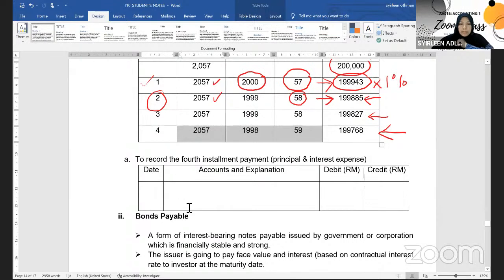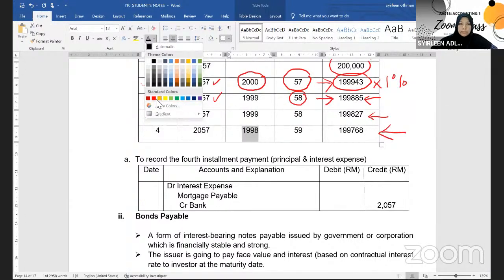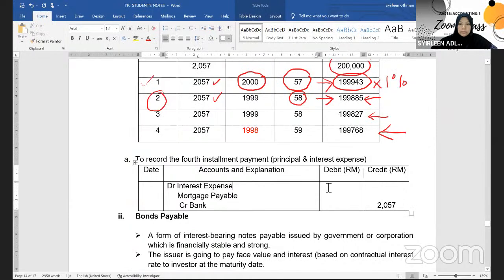So kita akan credit bank, okay, with the amount of RM2,057. Okay, so apakah account yang didebitkan? Alright, account yang didebitkan is your interest expense, which is 1,998 yang ni, the one in red. Okay, so this is the amount that I am paying for my interest.